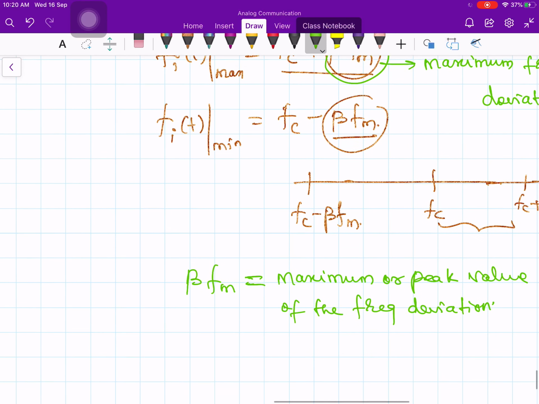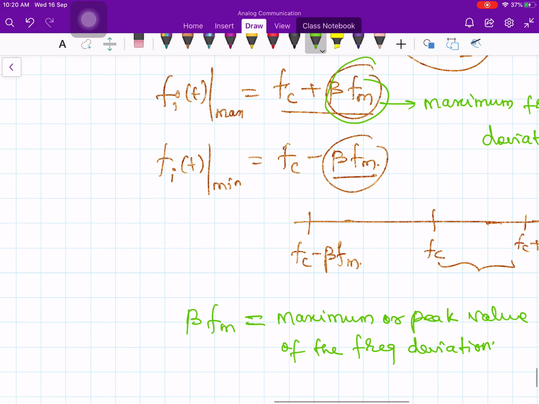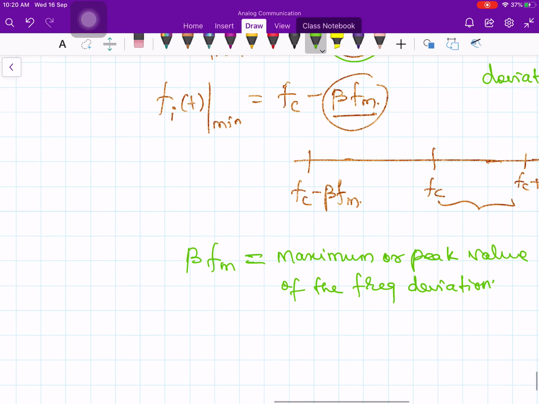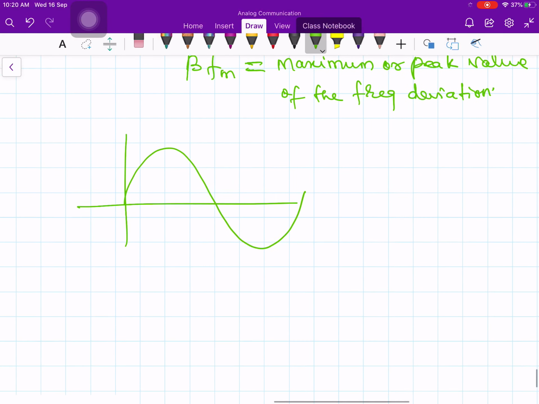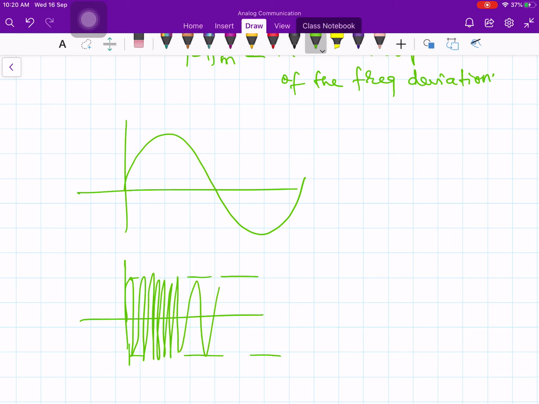So the instantaneous frequency of both the PM signal and the FM signal keep on varying. It is not fixed. Look at the definition, look at the waveform. When this is my modulating signal, your FM signal keeps on changing. At some points it is very closely spaced, and sometimes it is very sparsely spaced, and then again very closely spaced, like that.